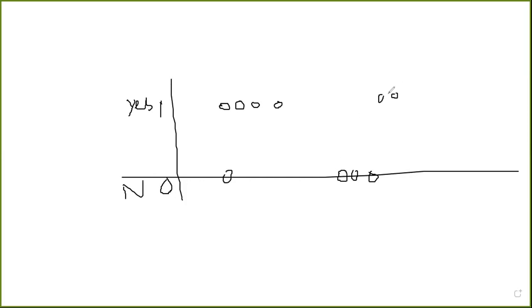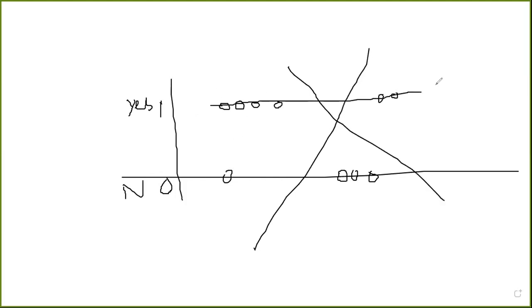So these are the data points. Now if you draw a line like this, or draw parallel to this line, then it meets all these points but not the lower points.